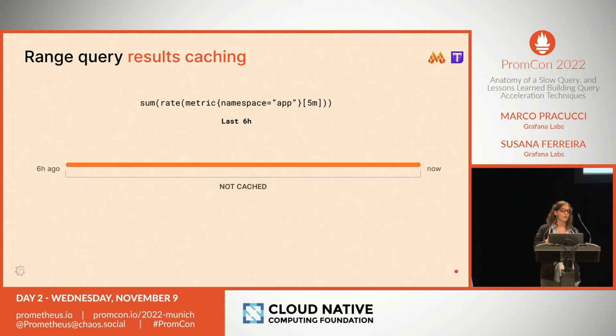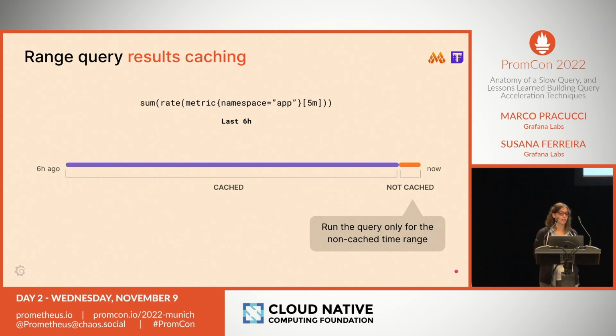However, due to possible delays on the remote write, we never actually cache the last 10 minutes of data. So the next time the panel refreshes, we will run the query again, but this time only the samples corresponding to the last 10 minutes of data are actually processed by the PromQL engine. The remaining portion of the query can be fetched from cache.